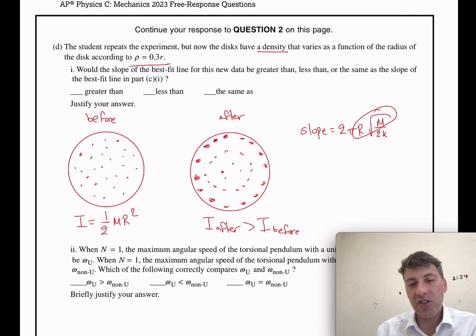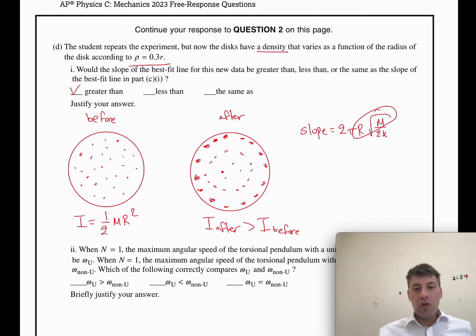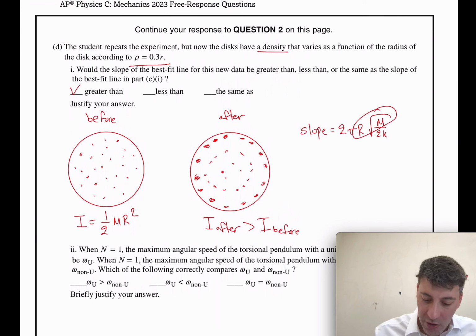So the mr squared for the new distribution will be greater. And since there is a greater mr squared, then the root of m times r will be greater. So this will result in a new slope. We need to mention that the moment of inertia increases, or the factor of root of m times r increases, and this increases the slope.